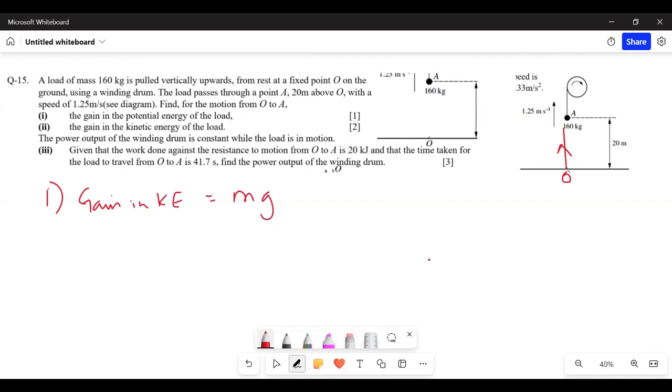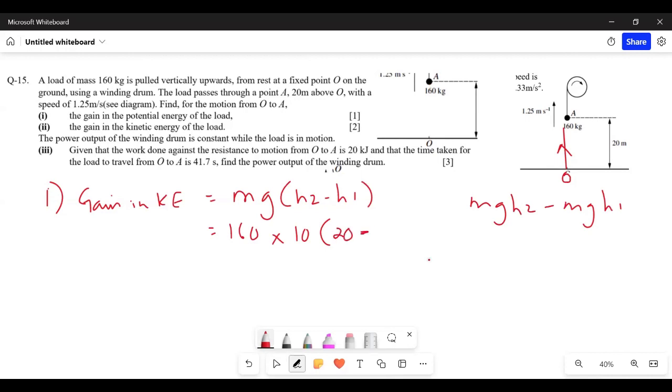mg(h2 minus h1). Basically this is short for mg h2 minus mg h1. Okay, so mass is given 160, g we know is 10, the height 2, which is the bigger height, is the height of A, which is 20, minus the height at O, which is 0.